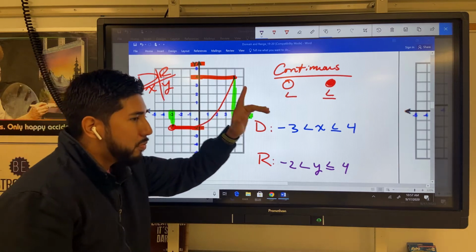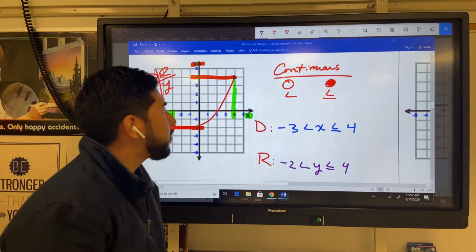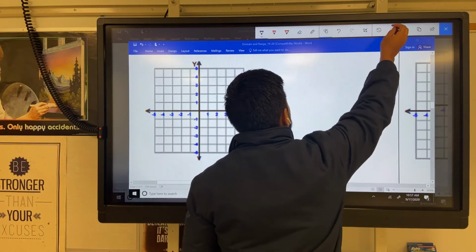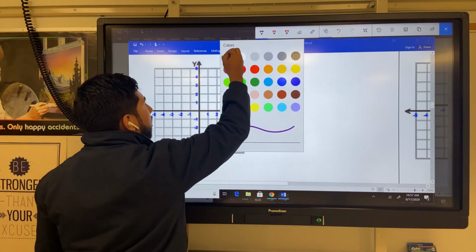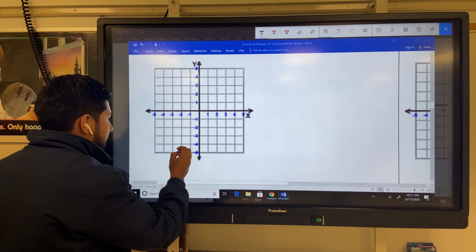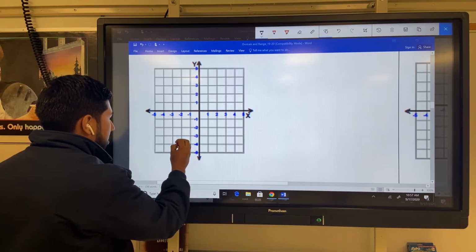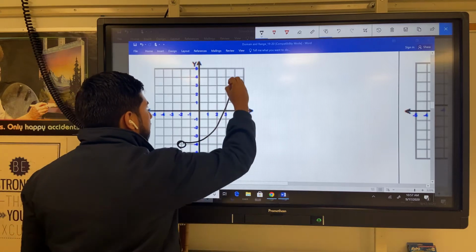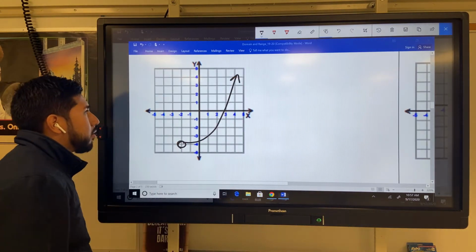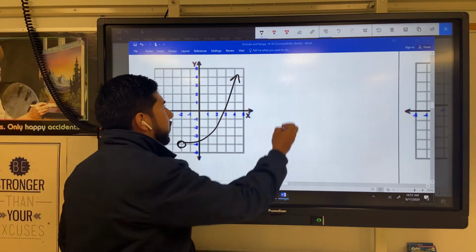That's if we have 2 points. Let's do something else. Let's make it interesting. Use black. Okay. So let's say I have an open circle, and then I have an exponential function, but it has an arrow. This is still a continuous function.